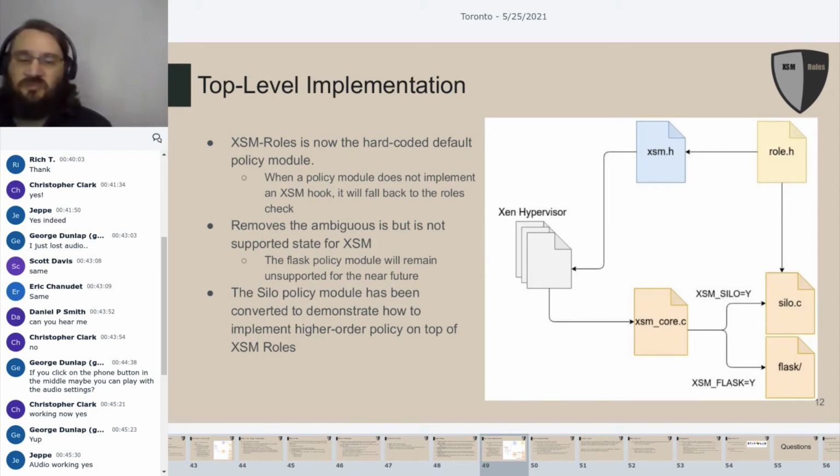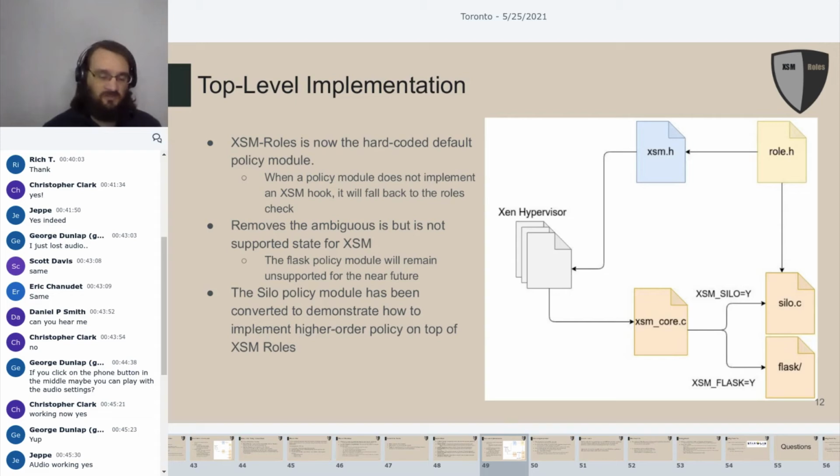So from a top level implementation, you saw how XSM works today when you build it. With the XSM role patch, all of the inline function checks that were in dummy.h mutated and went directly into XSM.h, and are the actual default calls for every XSM hook.